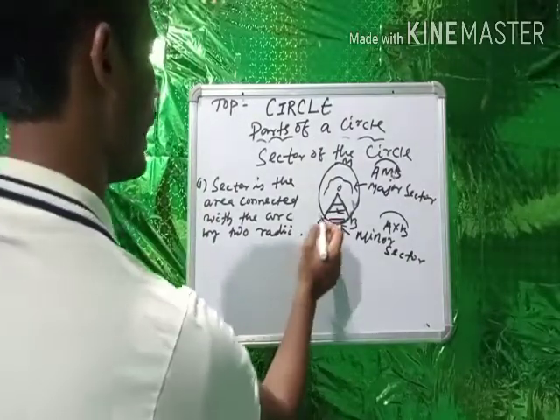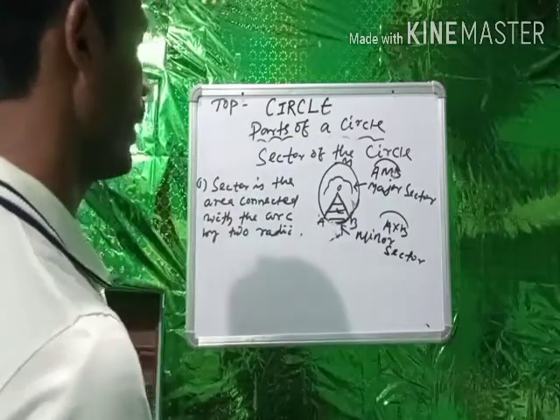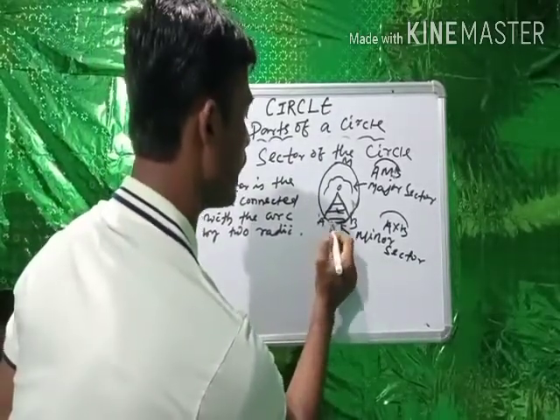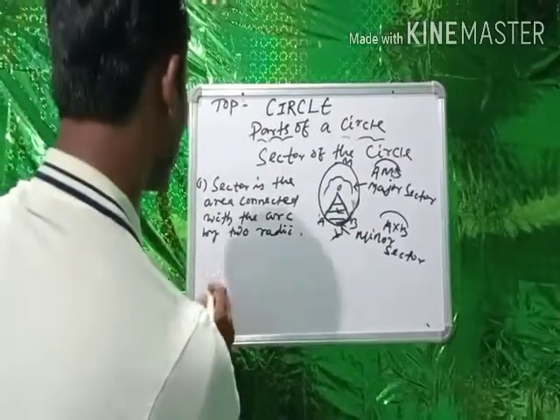That means here AO and OB are two radii, and now AXB is its arc.